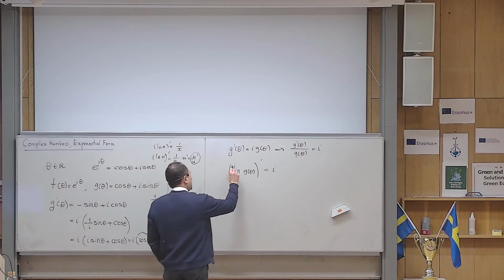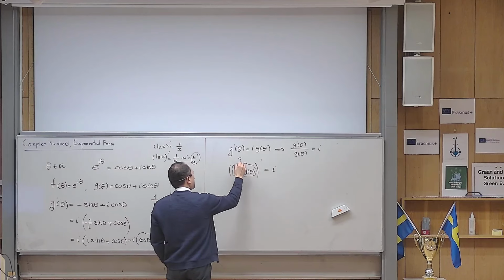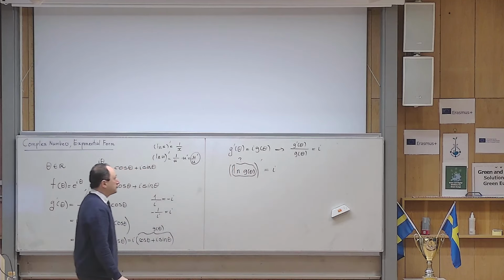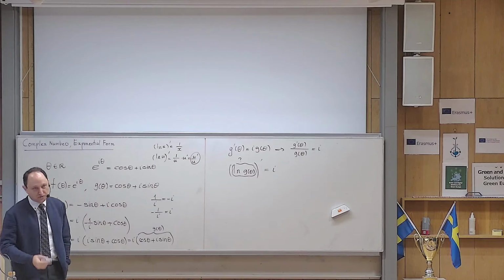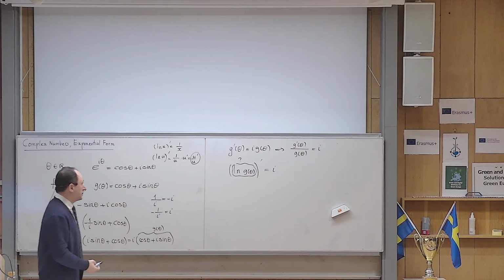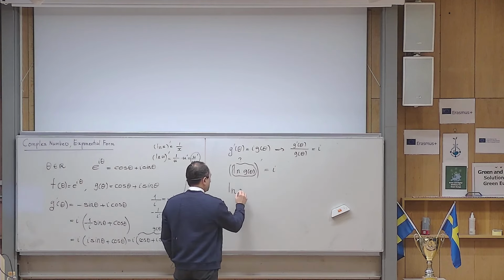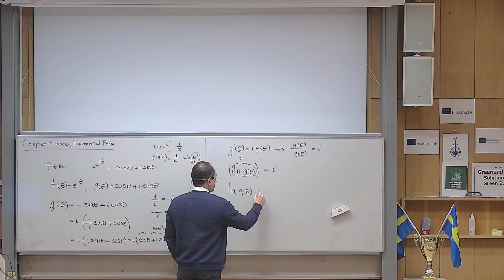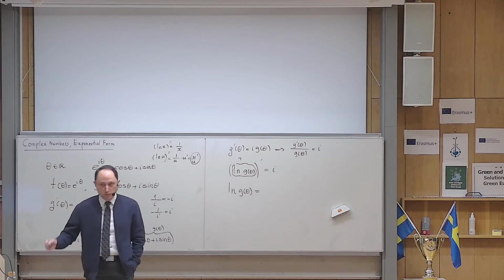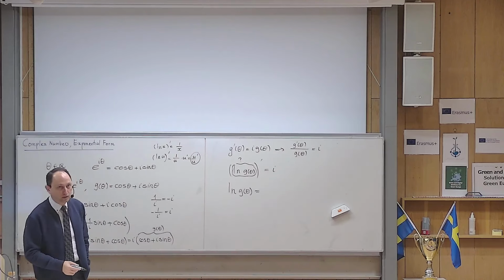Now, I am telling you this is a function whose derivative is i, and i is constant, let us assume. So what can you say about the question mark? What is the most general form of the question mark?